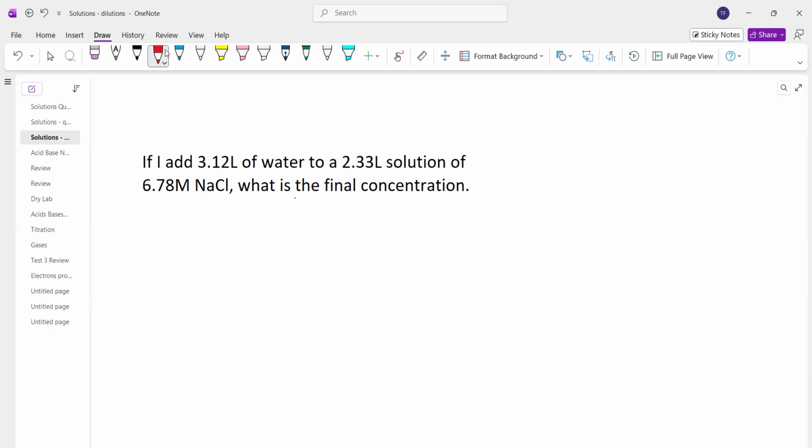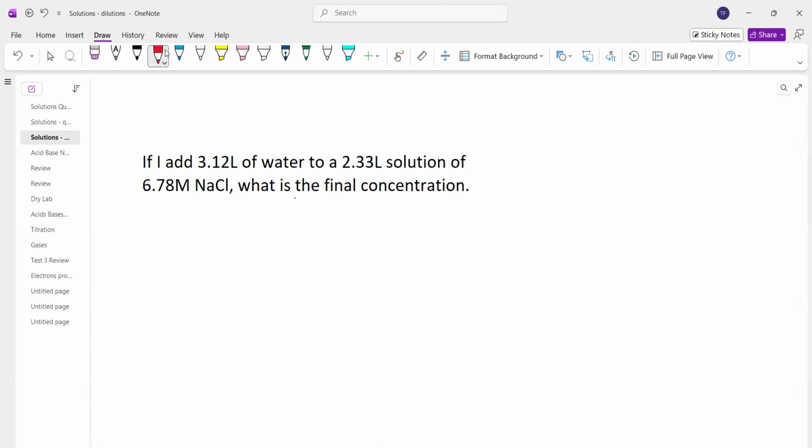I'm going to dump in some water. What's the final concentration? Now, last Saturday, we dumped in extra salt. See how that changed. Here we have a solution, and we're going to add in extra water. What's the new concentration?